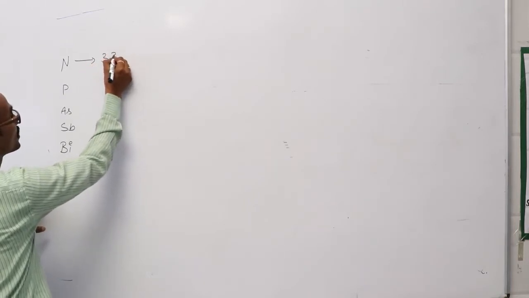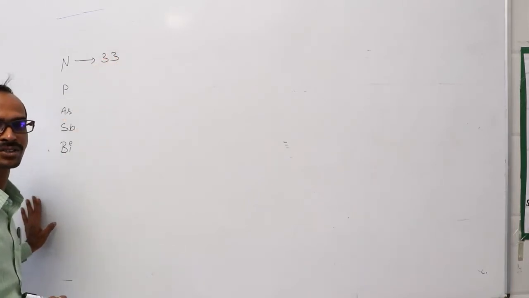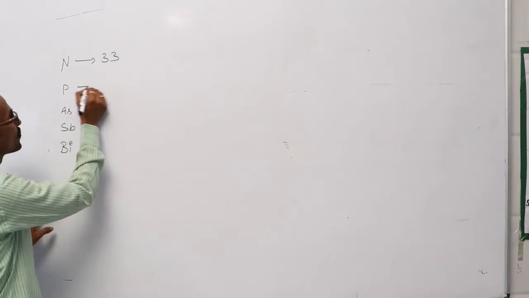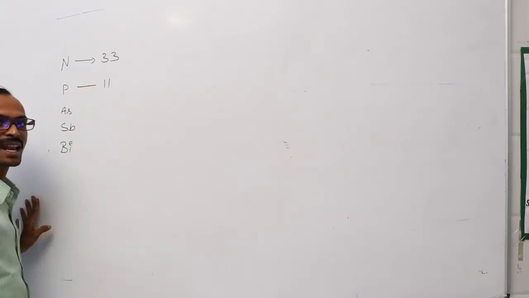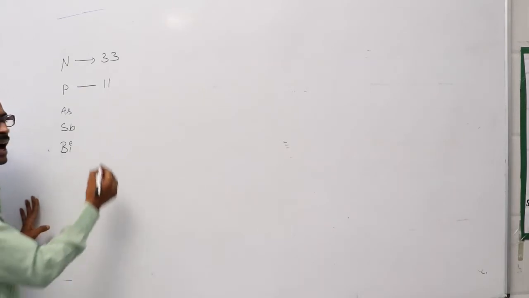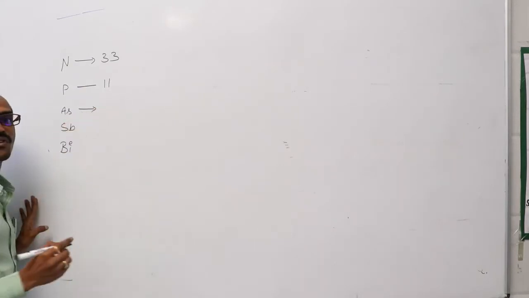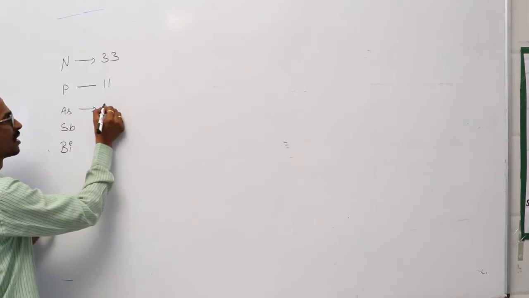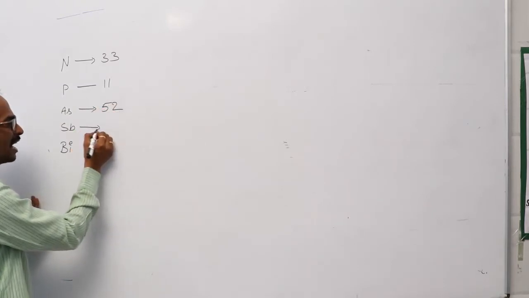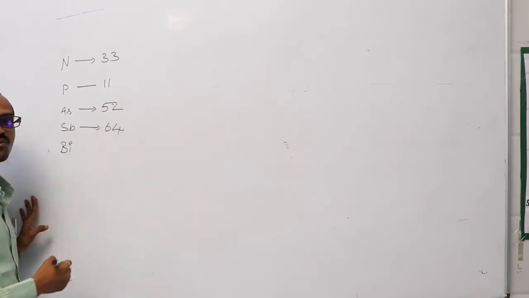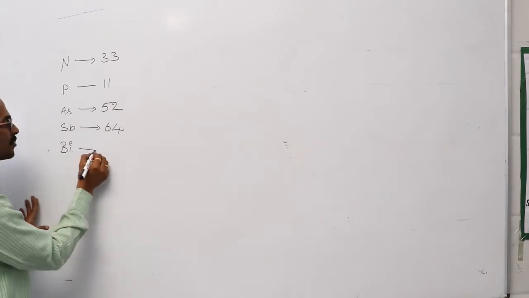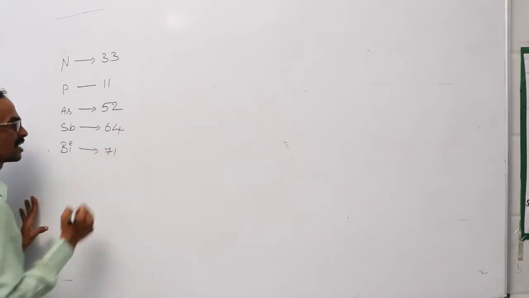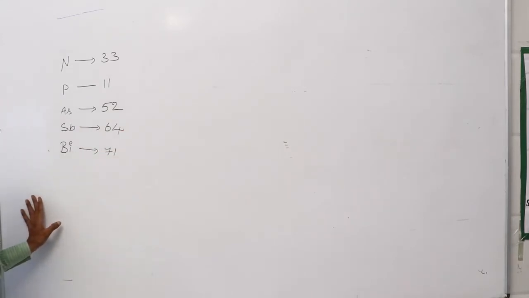Phosphorus is the 11th most abundant element. Arsenic will be the 52nd element, antimony the 64th, and bismuth is ranked 71.